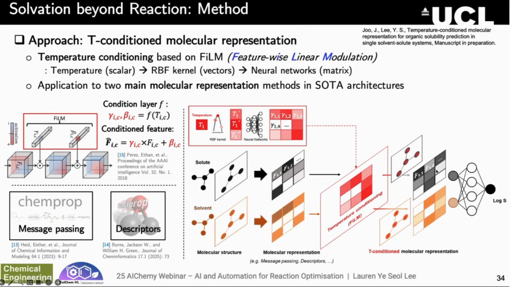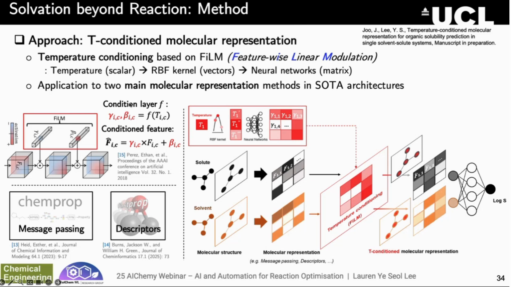So here is how we incorporate temperature into the molecular representations. We use FiLM, or feature-wise linear modulation. Temperature is first expanded using an RBF kernel, then passed through a neural network to produce scaling and shifting parameters for each molecular feature.